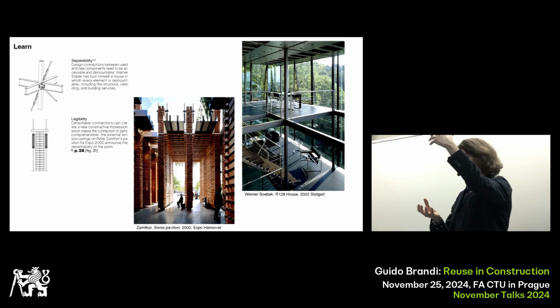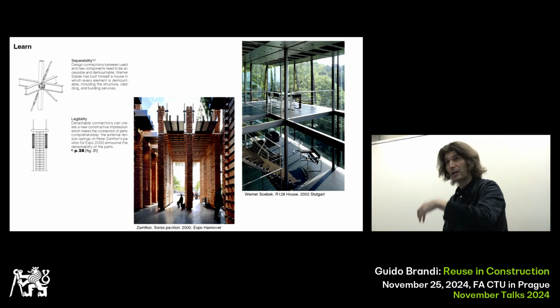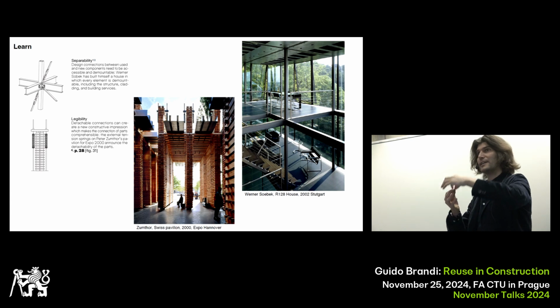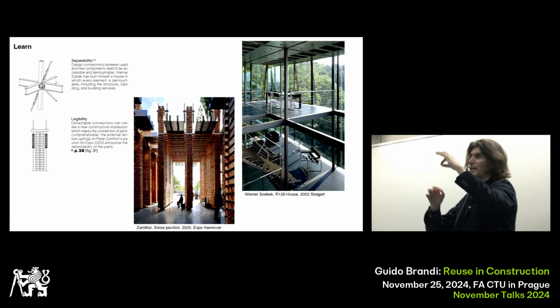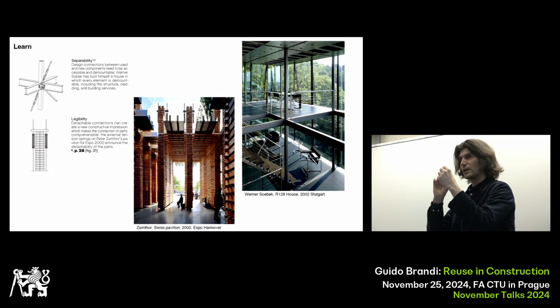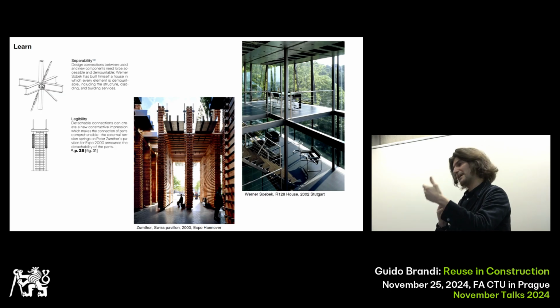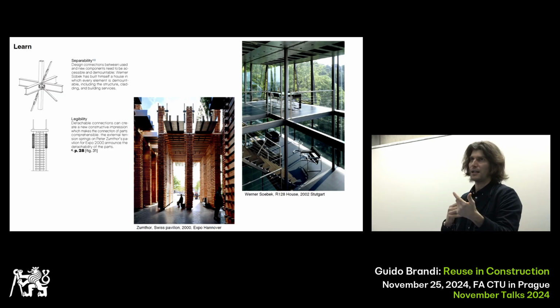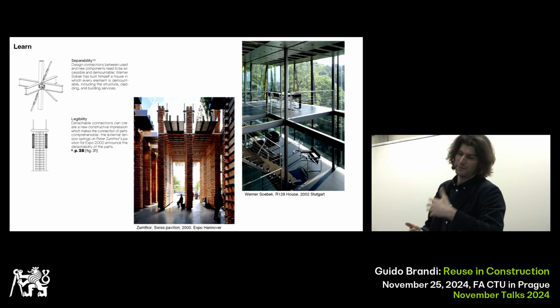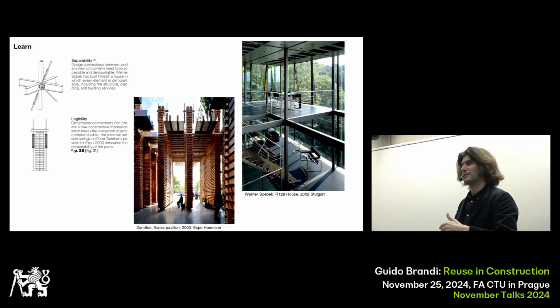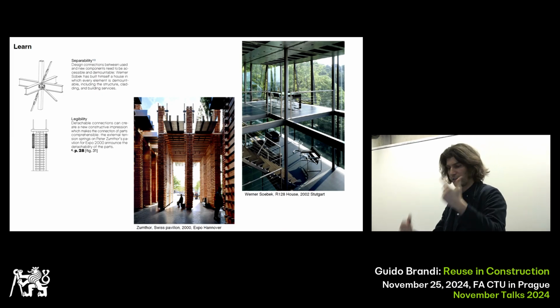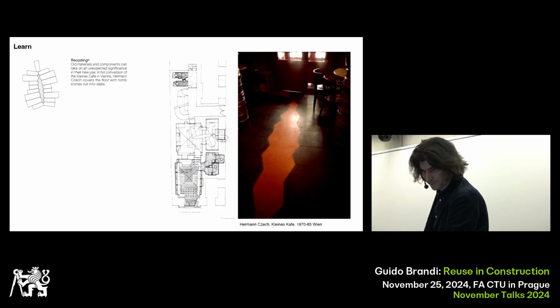The wood is used in compression, the steel is used in tension with cables, and they are connected in a way that every connection is really exposed, even becoming architecture in itself. So maybe it's even a bit too much further. We cannot do it always like this, but it's interesting to think about those topics.